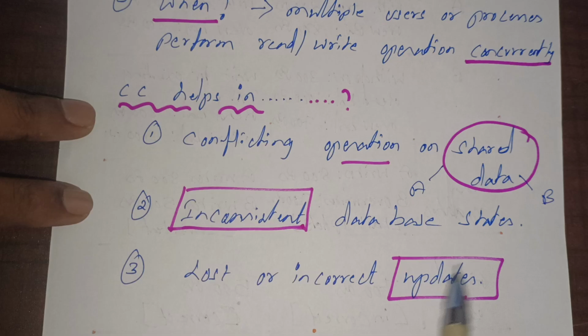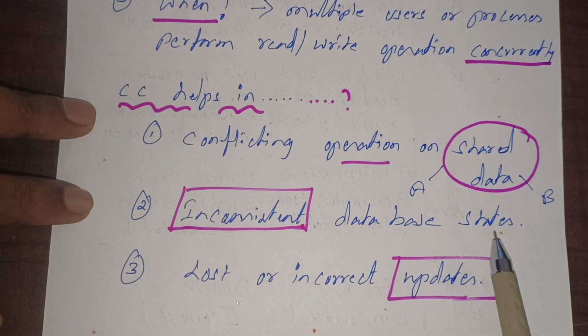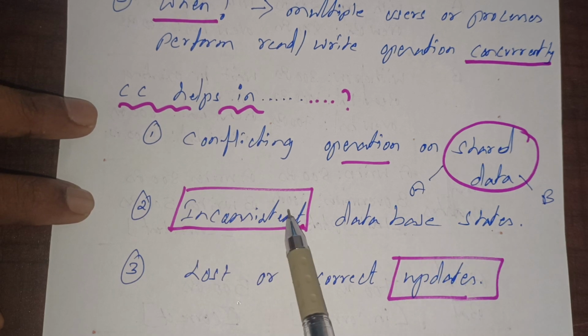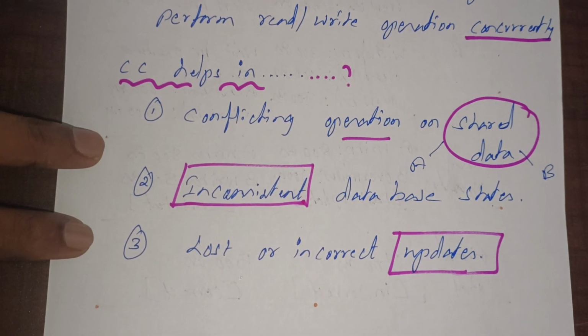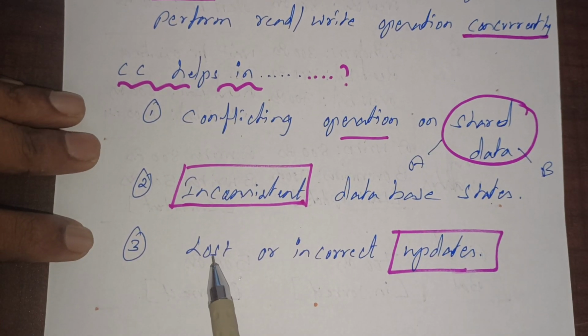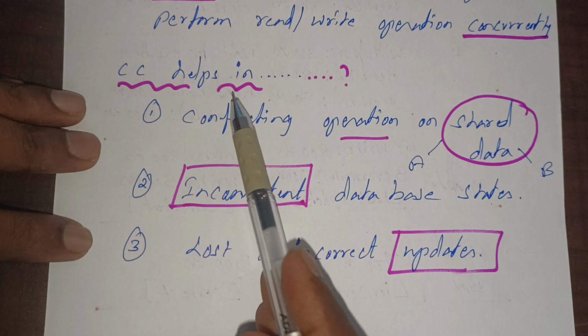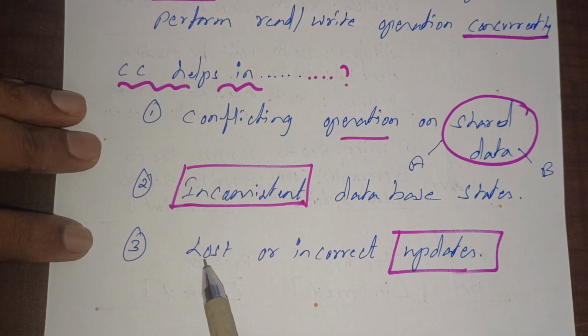What else does concurrency control help in? It helps with inconsistent database states, which is the dependency of the conflicting shared data. And finally, if there is no concurrency control, there may be lost or incorrect updates on the shared data.